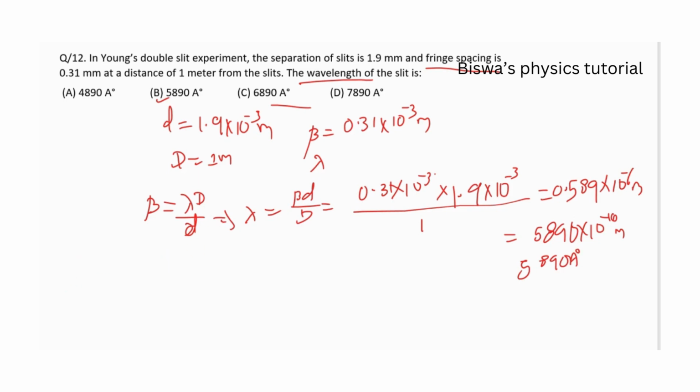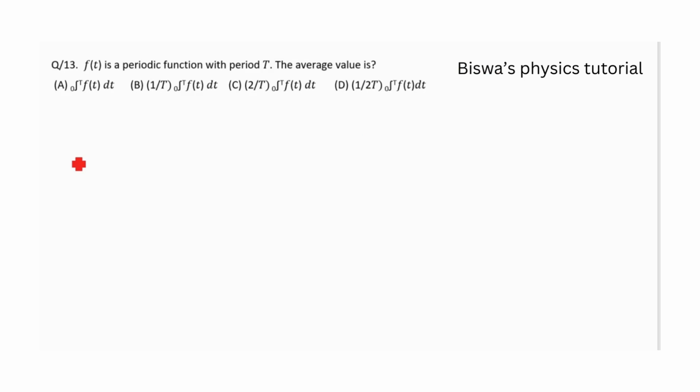Okay, so the next question, question number 15, is asking to find the average value of f(t), which is a periodic function with period T. It has a direct formula to remember: 1 by T into integration 0 to T of f(t) dt.